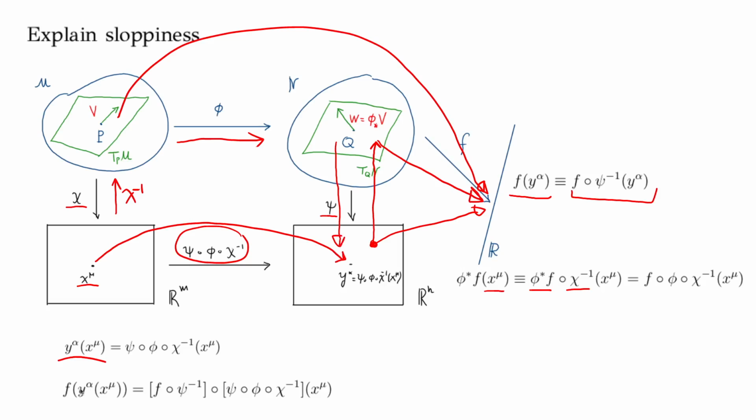So this is the y alpha of x mu that I mean here. Then I have to use f of y alpha to get the number f of Q. So after coming to y alpha, I have to use the inverse of psi, go up to Q, and then go to the real number f of Q.